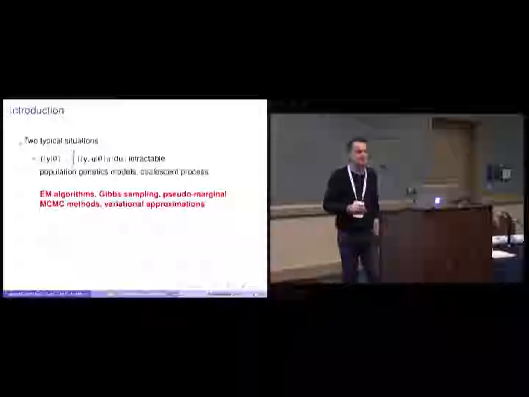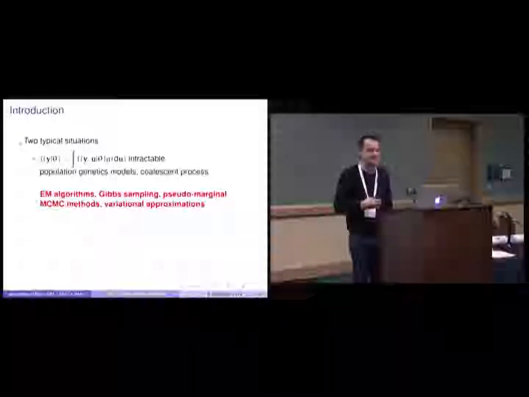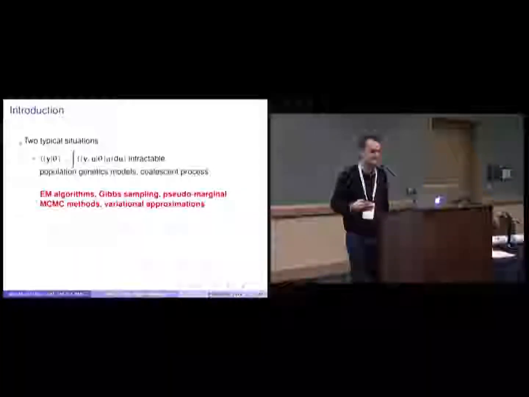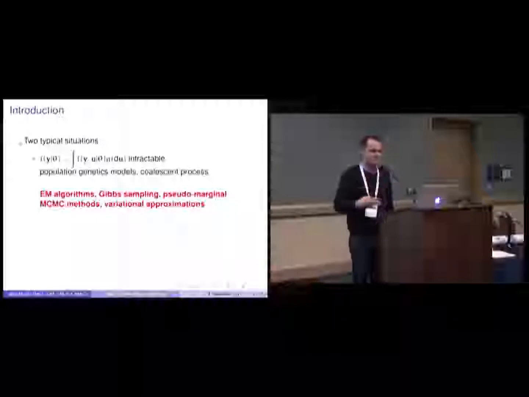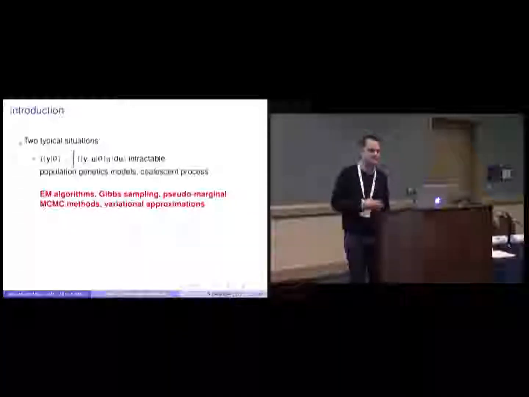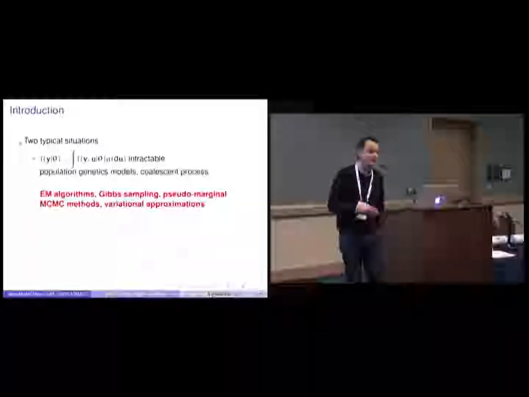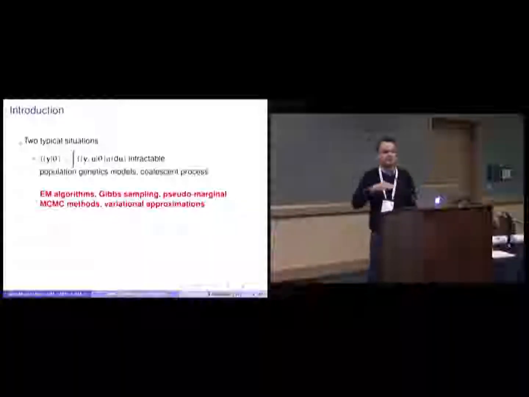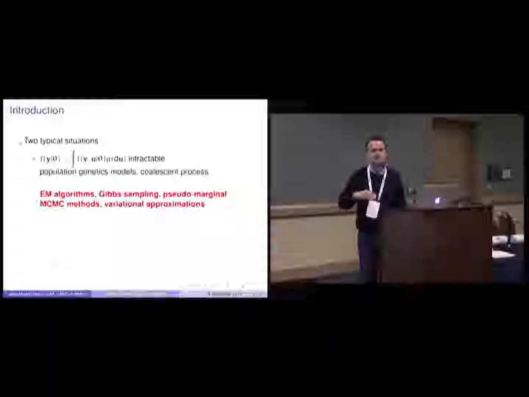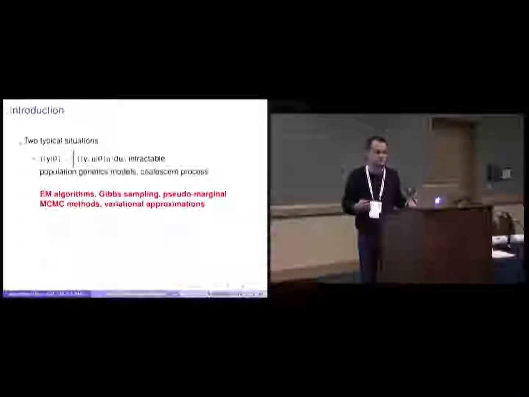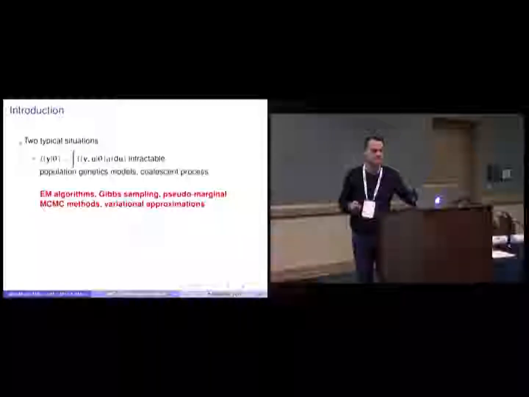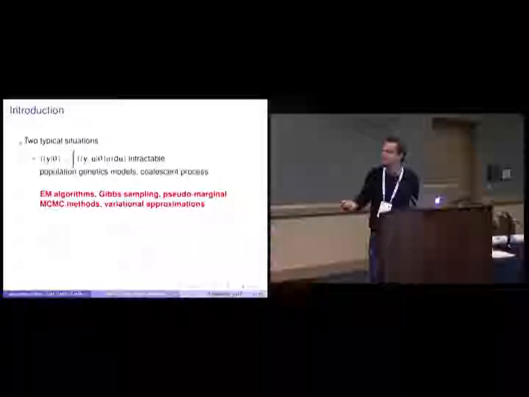This is typically the case in some population genetics models, and the typical model in this field is the coalescence process. For the coalescence process we only observe the end of the tree, and you have to integrate out all over the tree, and it's a very big space, and it's almost impossible to integrate this latent variable, and so the likelihood is intractable.